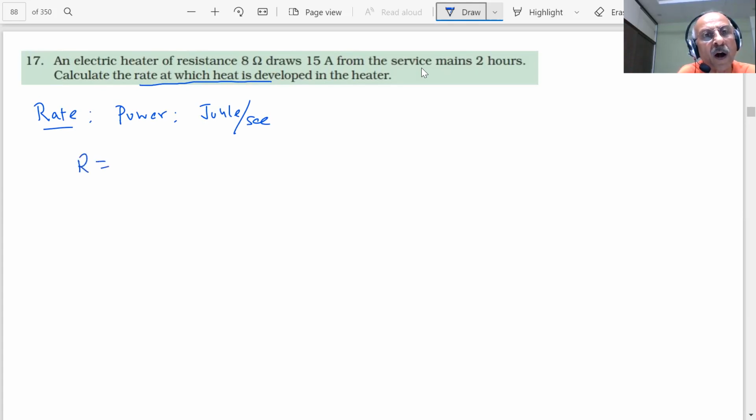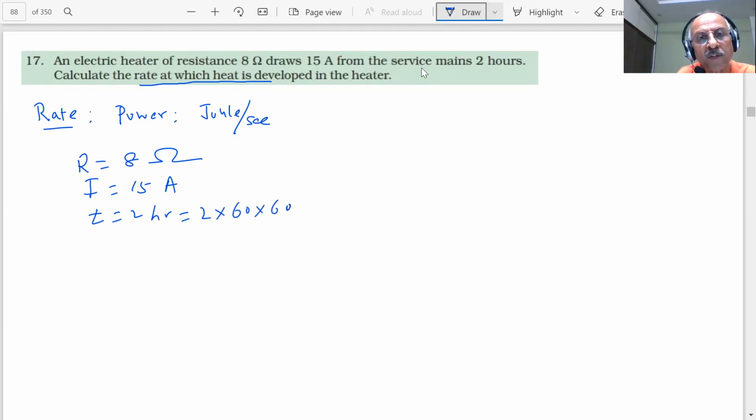What you are given: R is equal to 8 ohms. Current is equal to 15 ampere, students. And time is 2 hours, student, which will mean 2 into 60 seconds.